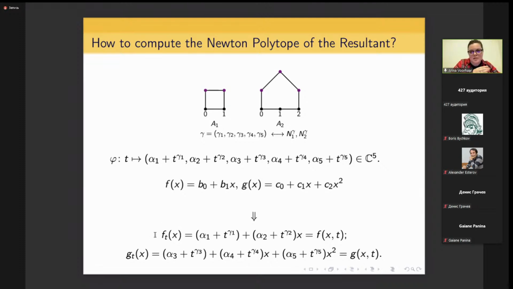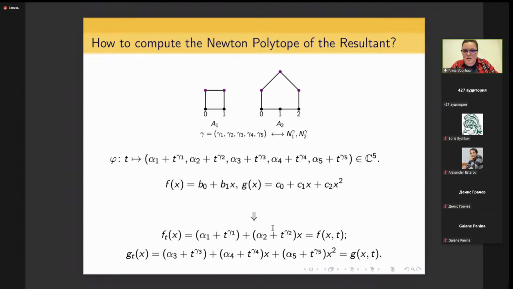On one hand, each of those polynomials can be viewed as a family of polynomials in x parameterized by this parameter t. But at the same time, you can view the same expression as a polynomial in x and t. It's a very important thing, I hope this is clear, because we will pass from one interpretation to another and backwards. I hope it's clear.